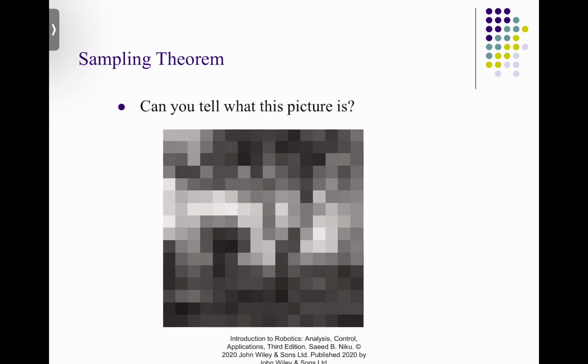If I want a more accurate representation, I need to increase the sampling frequency. I need to sample more often. So there is something called the Nyquist theorem. That theorem states that if you want to capture the signal, you should be sampling at twice the maximum frequency in the signal. What does that mean?